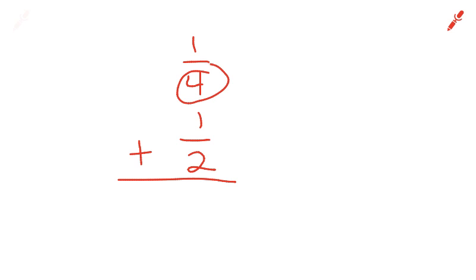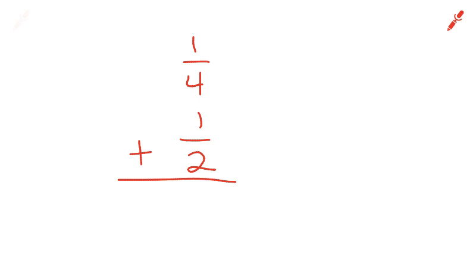So 3a, we have 1 over 4 plus 1 over 2. Now, to add or subtract fractions, we must have common denominators. So we have to make our 4 and 2 the same number.